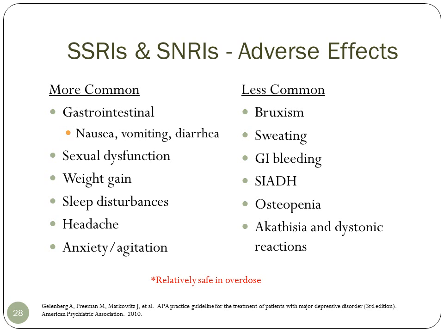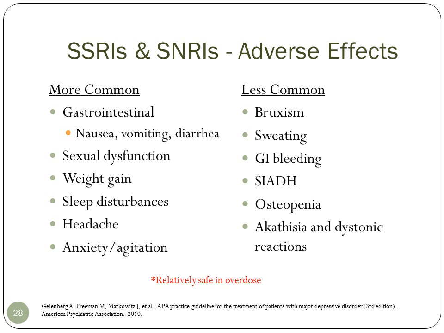In terms of less common side effects, bruxism is actually teeth grinding, so you can see that due to the effects on serotonin. GI bleeding can occur due to blockade of serotonin reuptake into platelets. If you remember, serotonin is actually involved in platelet aggregation, so through its actions here, it can actually cause bleeding.